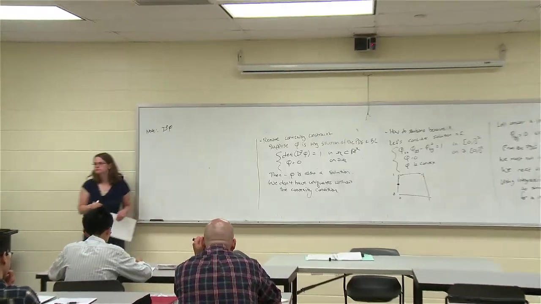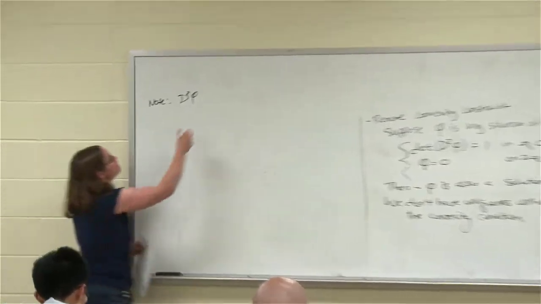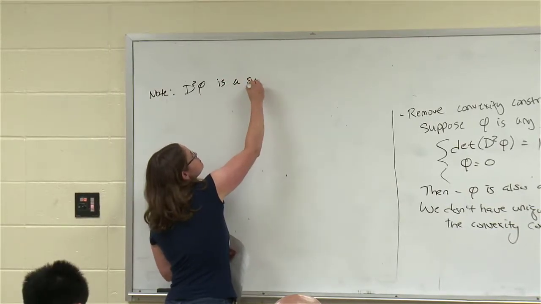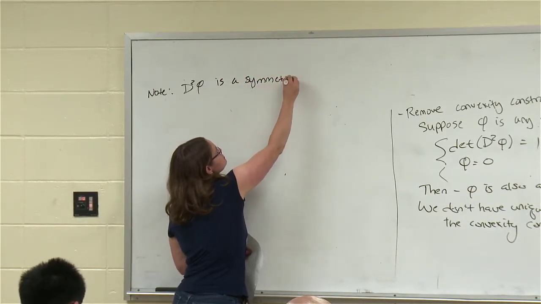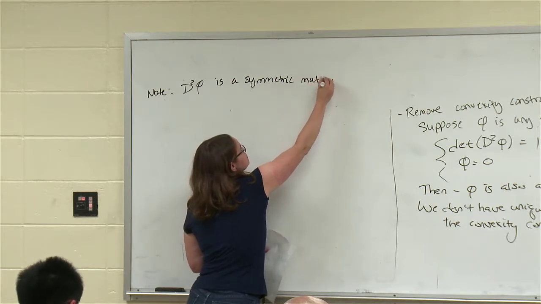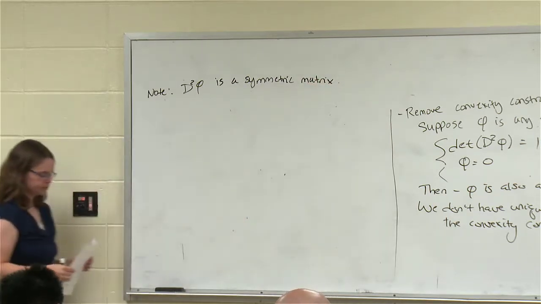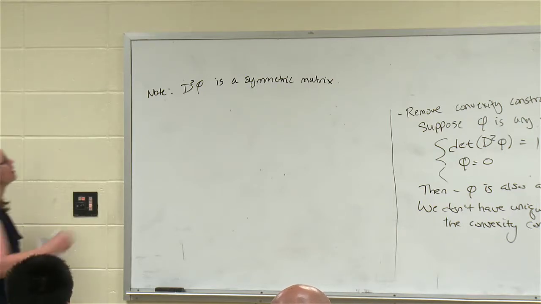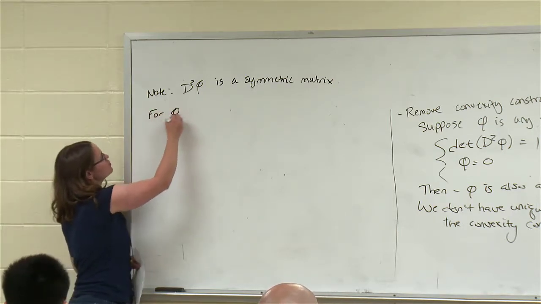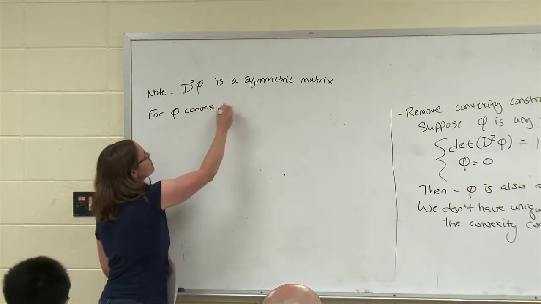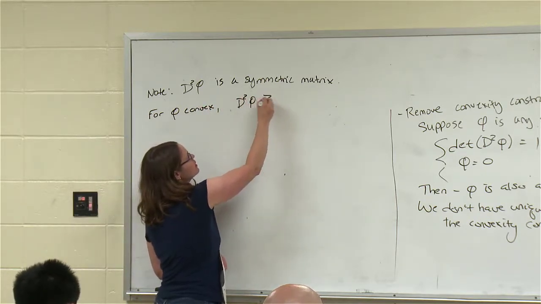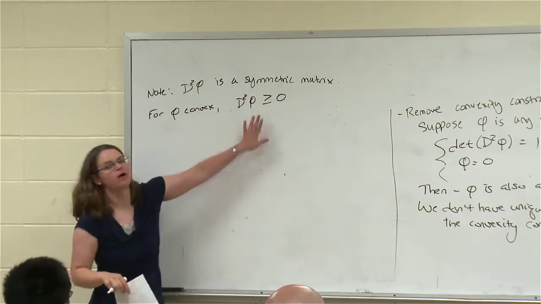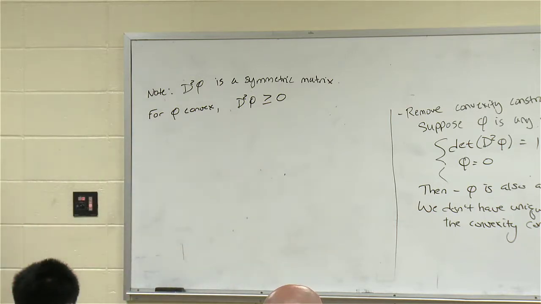It's a symmetric matrix. If phi is convex, what can I say about this matrix? It's positive semi-definite, yeah. So for phi convex, which is what we're hoping for, d squared phi I'm going to write is, okay, by this I mean positive semi-definite. I think I've probably used that notation before.